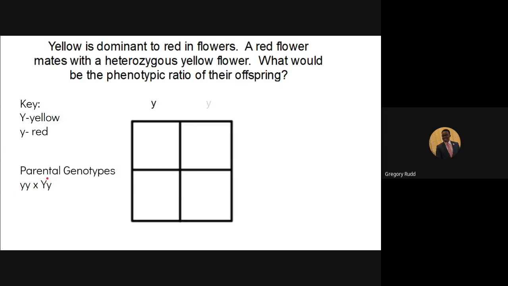We place that into our Punnett square, and then we do our crossing. Heterozygous, heterozygous, homozygous recessive, homozygous recessive. So what's the phenotypic ratio? How many yellow flowers do I have? What percentage of yellow flowers do I have?